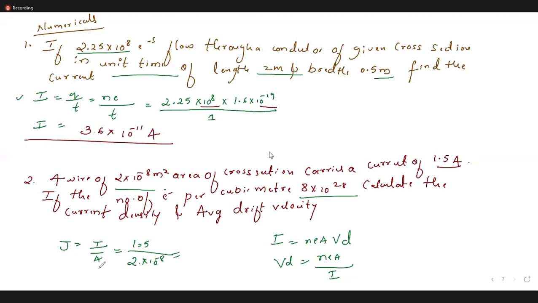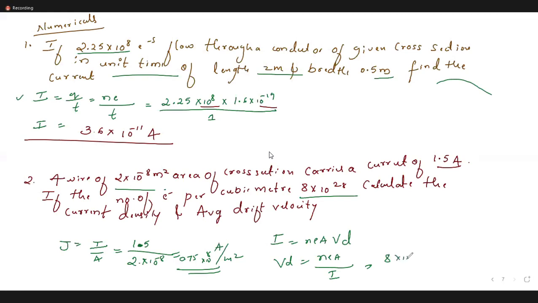Tell me the value of A. Ma'am, is it 0.75 into 10 power 8? 1.5 divided by 2, right? So 0.75 into 10 power 8 ampere per meter square.